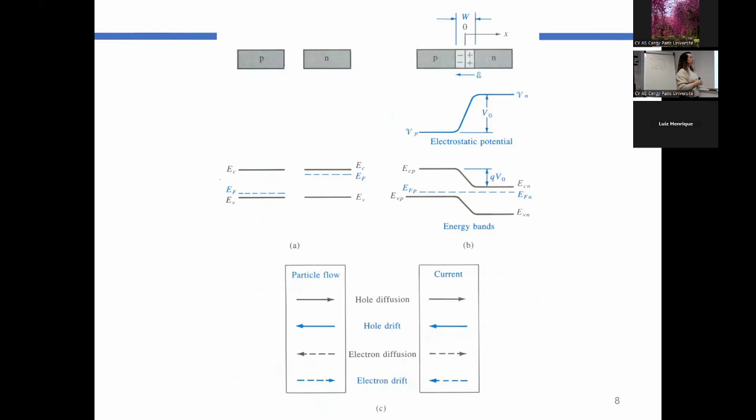And this difference in the energy of the materials, because before we had this energy, and after the contact we have these two energies of the materials, and both of them are separated by an amount of energy, and this amount of energy is qV0, the built-in electrical field.